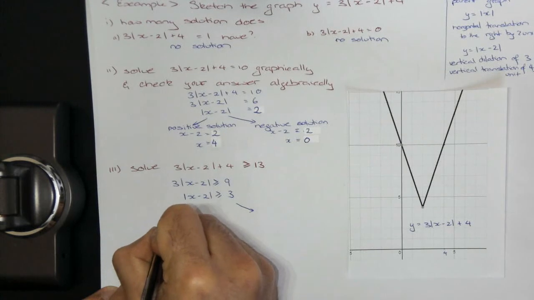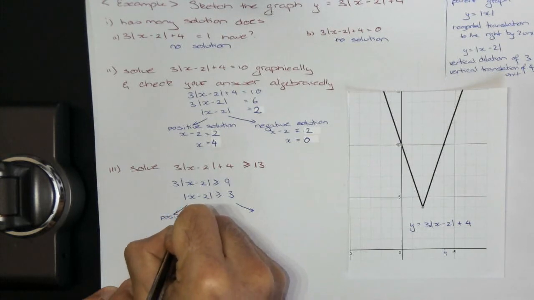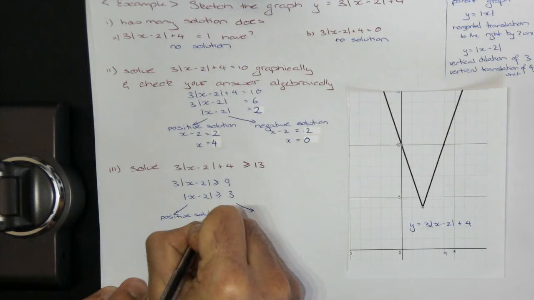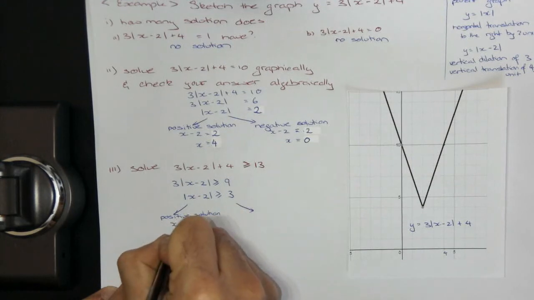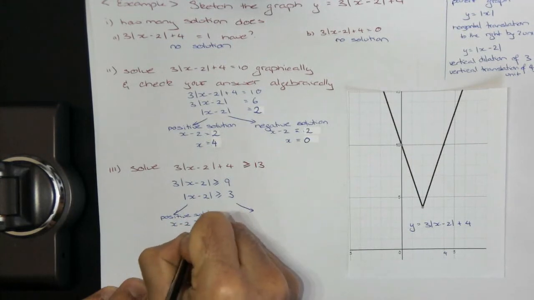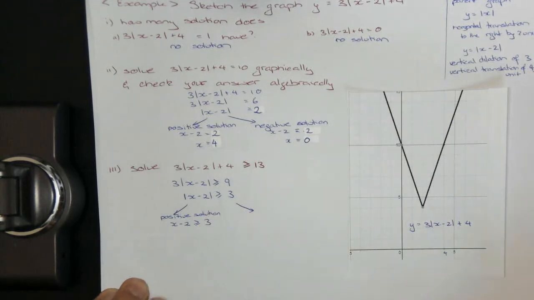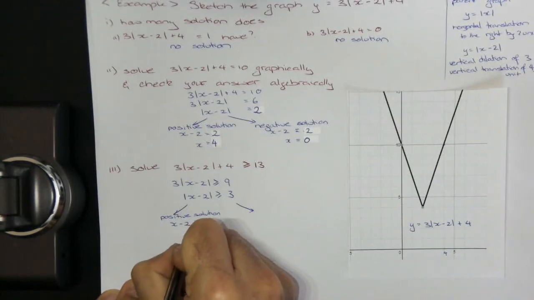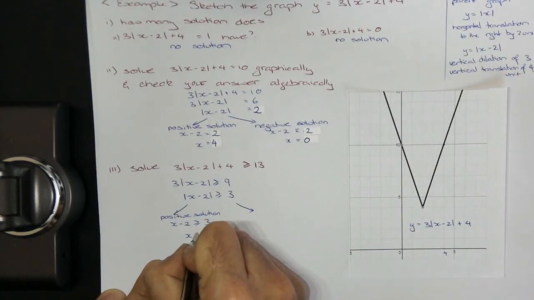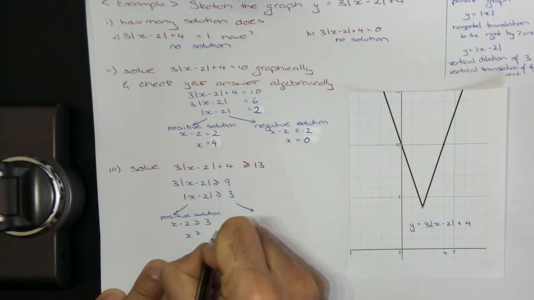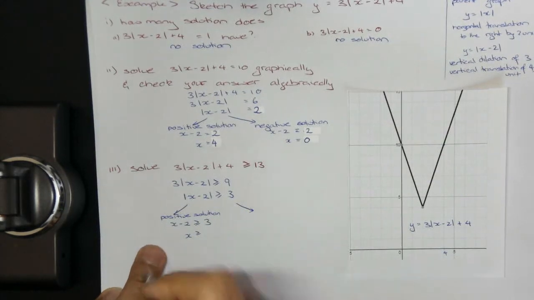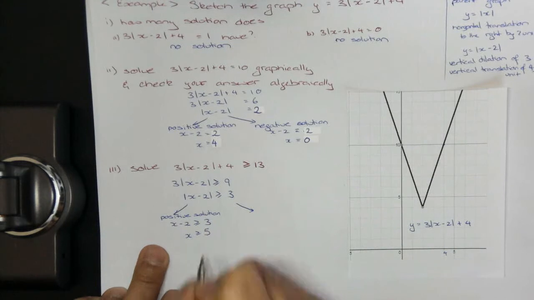The positive solution: x minus 2 is greater than or equal to 3, so we get x, plus 2 is 5.